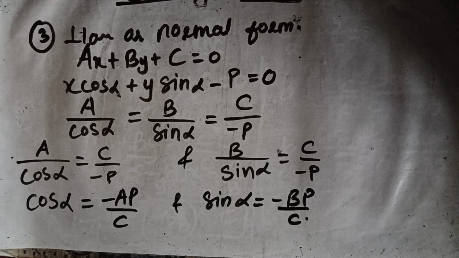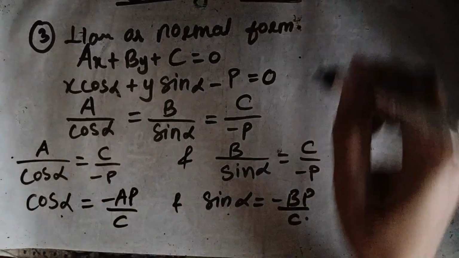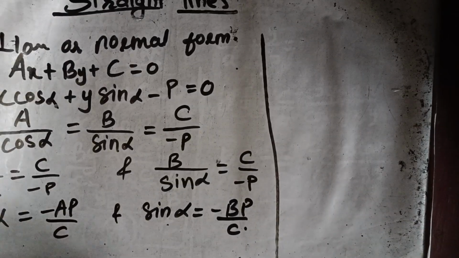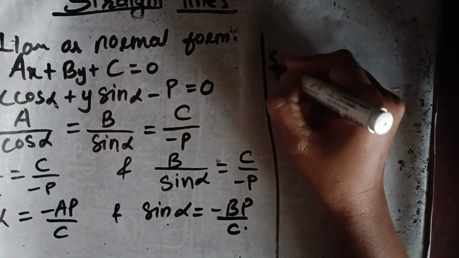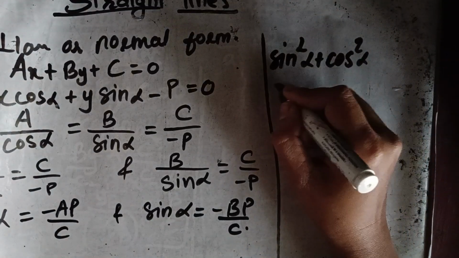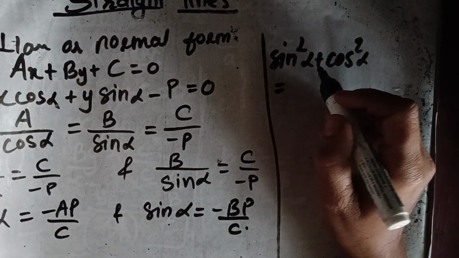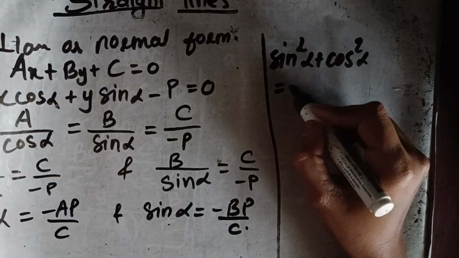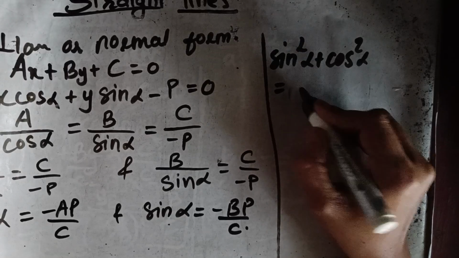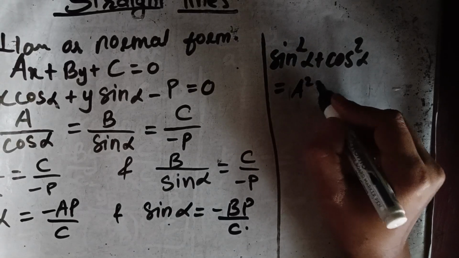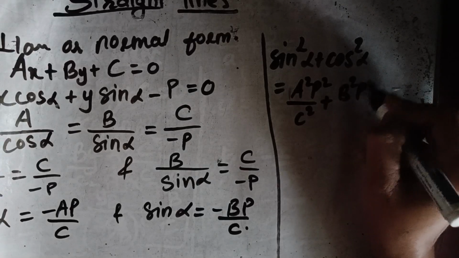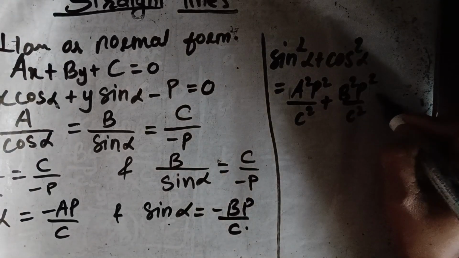If you square this, squaring and adding, you will get 1. So sin square alpha plus cos square alpha is equal to minus ap whole square, so the minus gets cancelled, that is a square p square upon c square plus b square p square upon c square, and that is equal to 1.